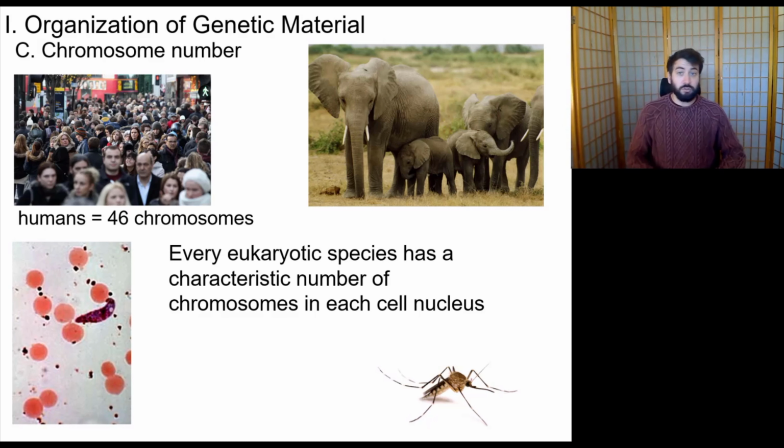Humans are relatively large and very complex, or at least from a developmental and neurological perspective, right? They have 46 chromosomes. On the other hand, elephants have 56 chromosomes, which kind of makes sense, maybe. They're a lot bigger and still fairly complex, behaviorally speaking.